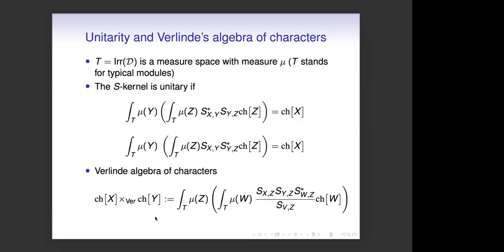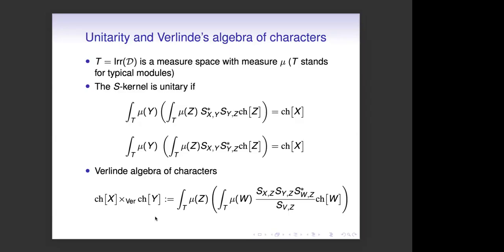And what you require is that this S-kernel satisfies unitarity. This is really already something that is included, if you want, in the definition of Verlinde's formula. And if you have this, you can define the Verlinde algebra of characters as this double integral.